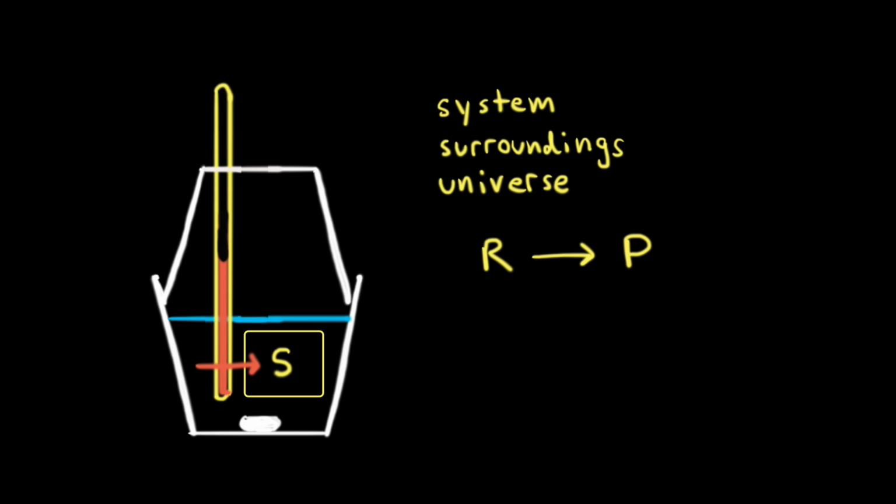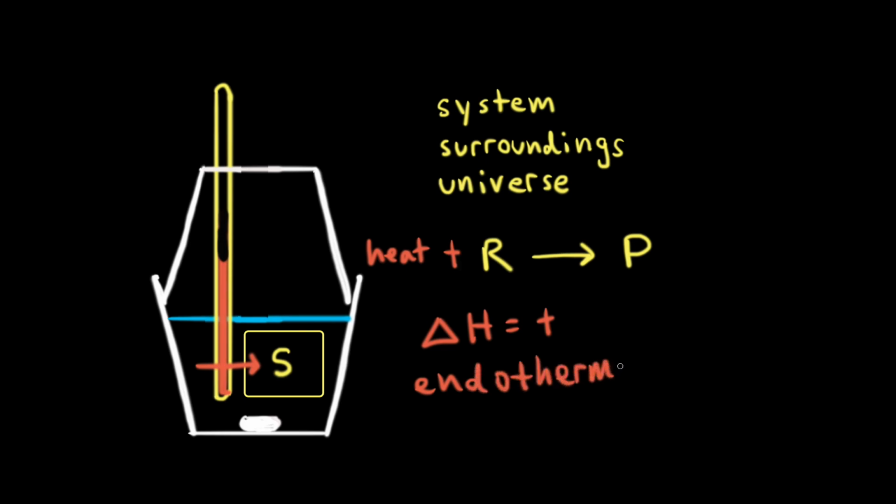And since heat is being transferred to the system, we can go ahead and write heat on the reactant side, and delta H would be positive for an endothermic reaction. So for an endothermic reaction, energy is transferred from the surroundings to the system, and therefore the temperature of the water will decrease.